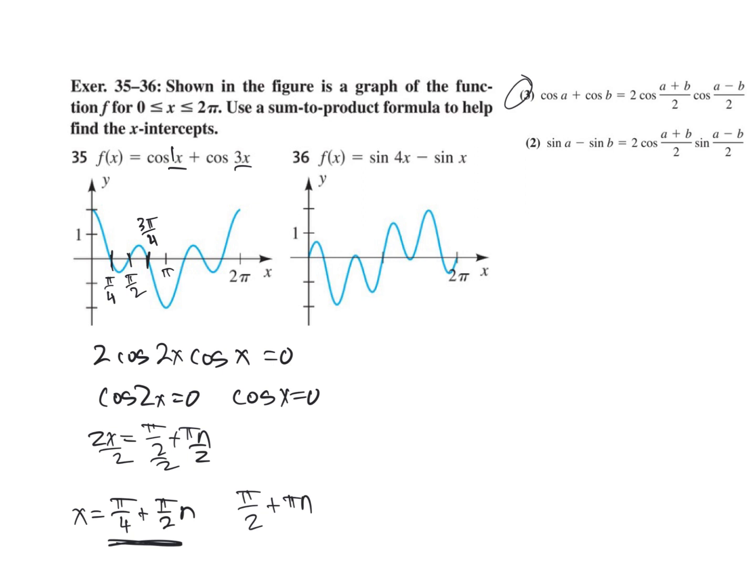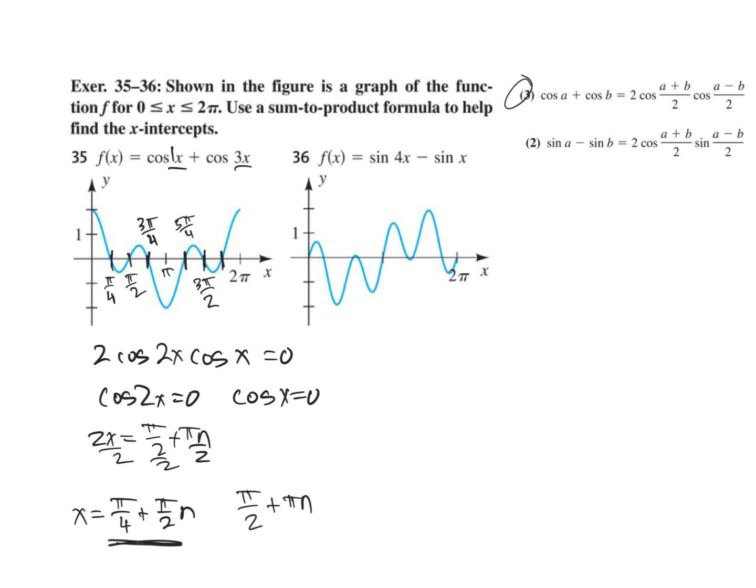Then you have this one right here, which is going to give you another pi over 2 plus that, or 2 pi over 4, which would be 5 pi over 4. And your pi over 2 plus pi gets us to 3 pi over 2, which is this one right here. So that's how you find each of those.